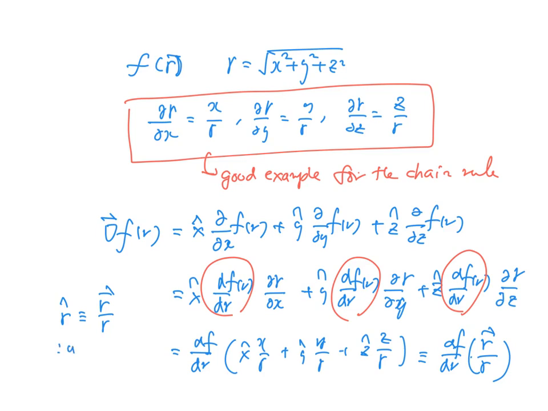This is a unit vector in the r direction. So then we can write it this way: r hat times df/dr. So the gradient has very interesting properties. We can also form a vector product with the del operator.